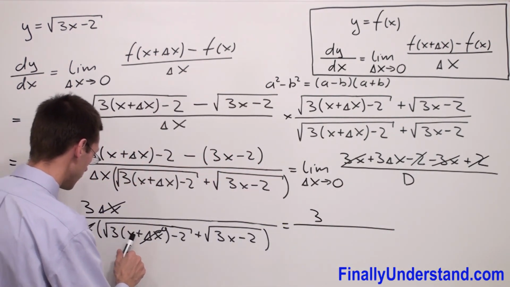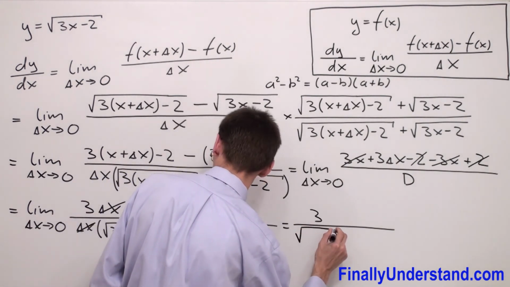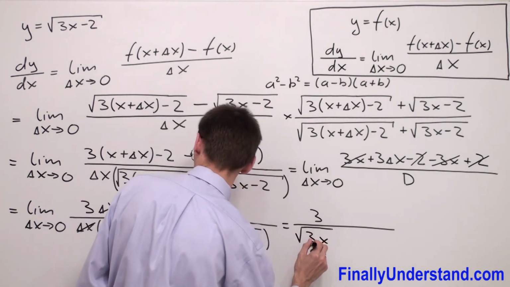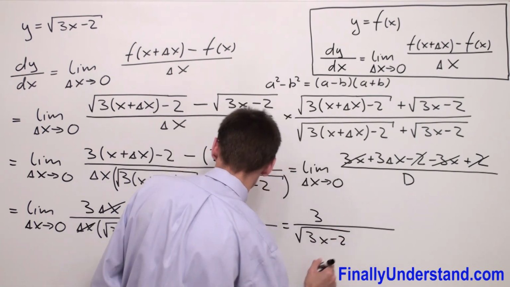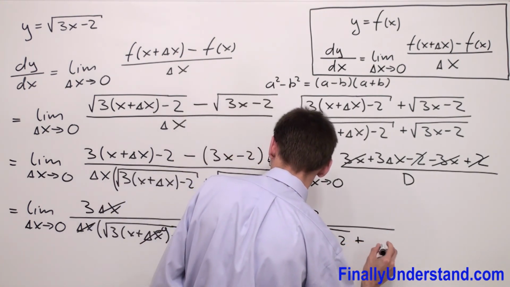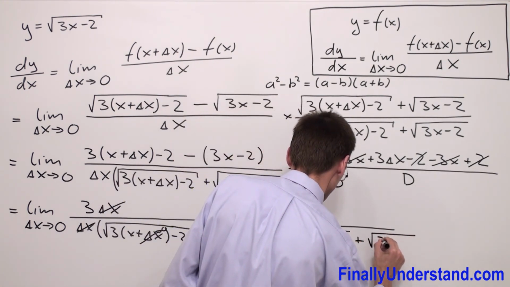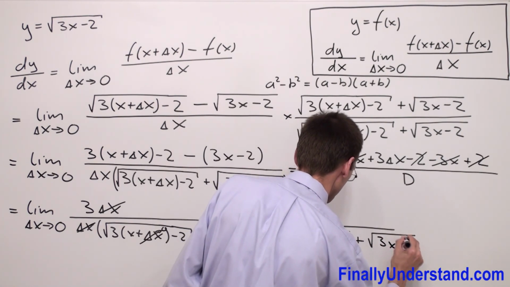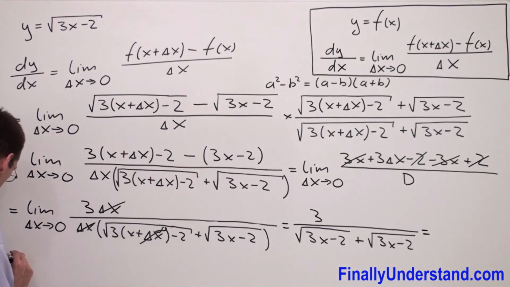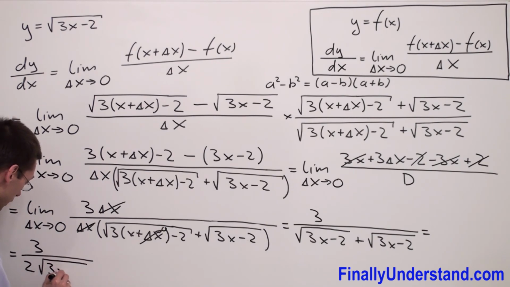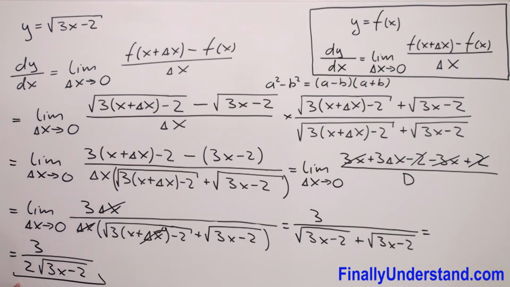I have the square root of 3x minus 2 plus the square root of 3x minus 2. Okay, so I can say this is equal to 3 over 2 times the square root of 3x minus 2. Okay, and this is the solution to my problem.